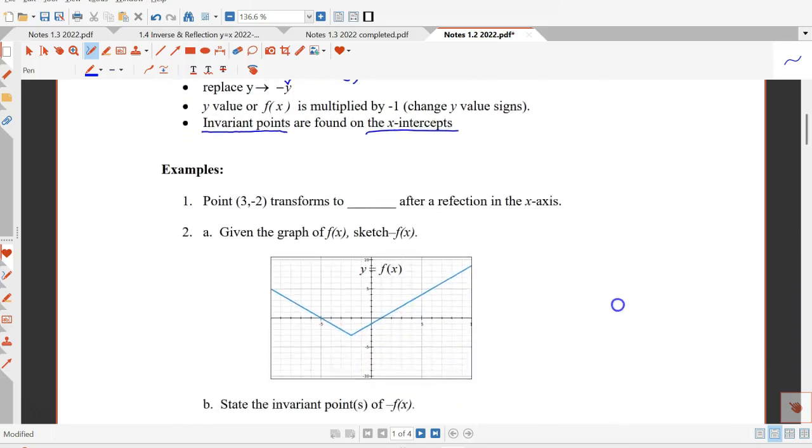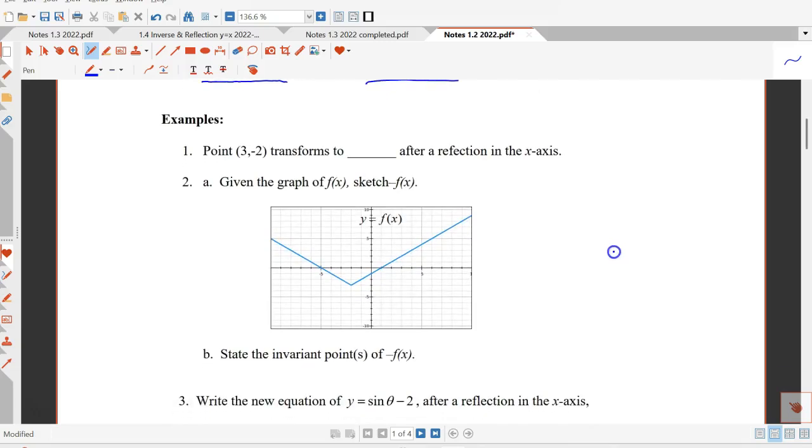So if we consider this transformation, we want 3, negative 2. I know it's going to go from 3, negative 2, up here to 3, positive 2. And if I'm going to sketch the graph of negative f of x, that's a reflection over the x-axis. Then this point here, which is negative 2, negative 3, will reflect up to here. This point will reflect over here.